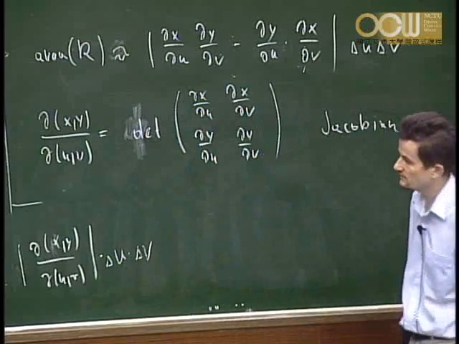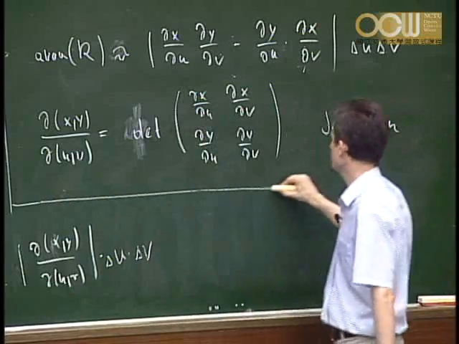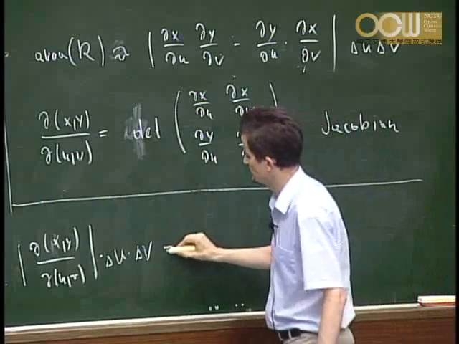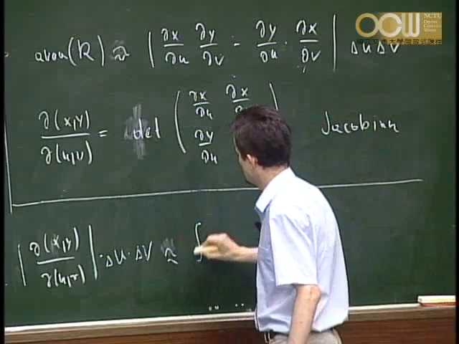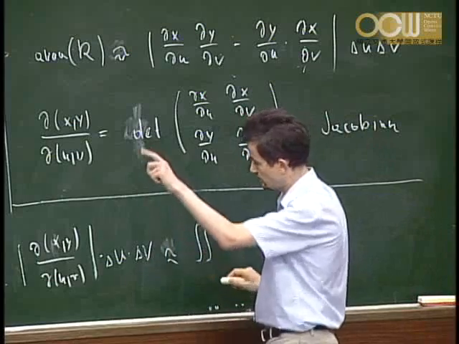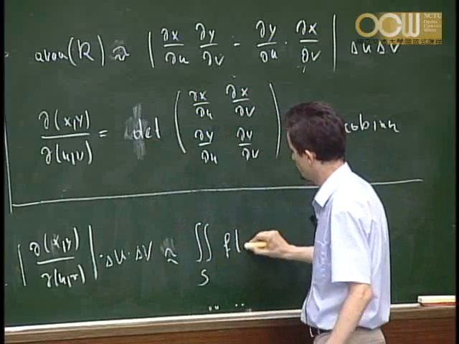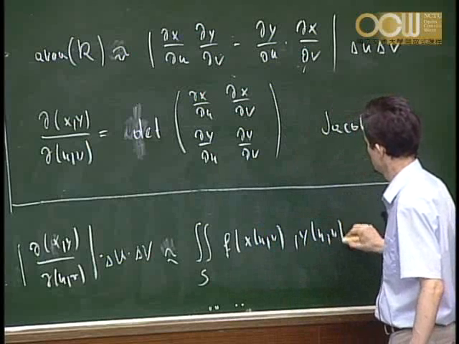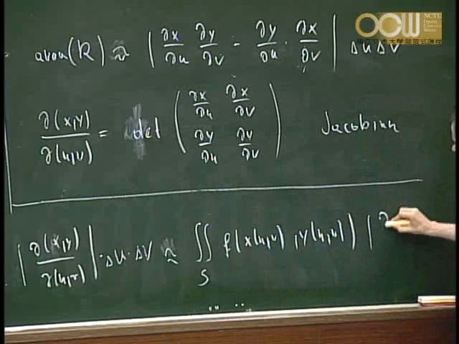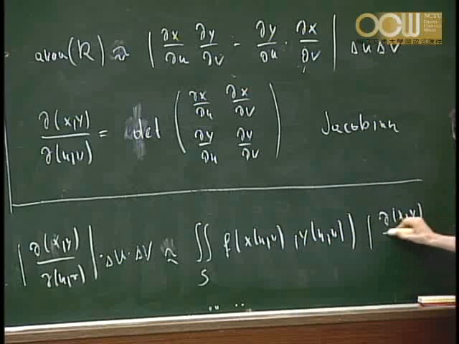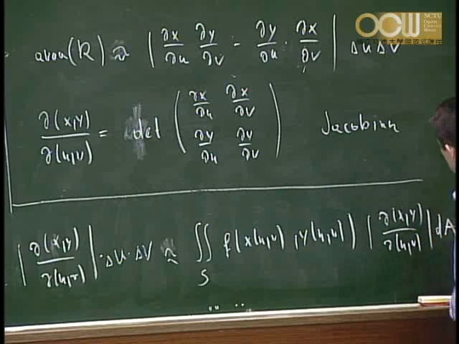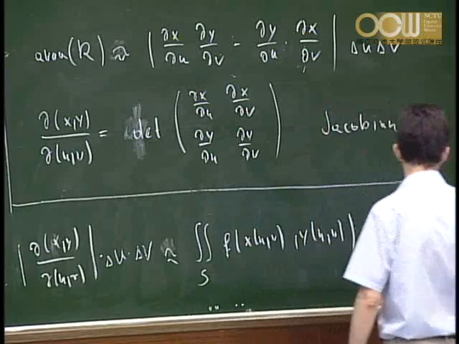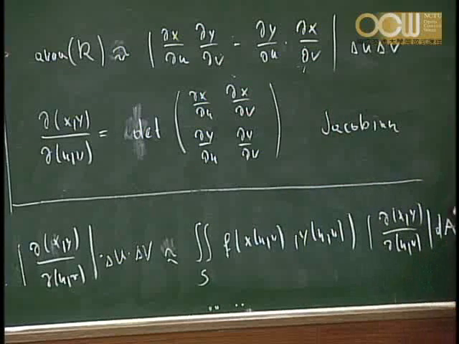And as n and m tend to infinity, this becomes the double integral over S, our new region, of f of x(u,v), y(u,v), times the absolute value of the Jacobian, times dA. dA here is now in the UV plane, so maybe let me write it as du dv.